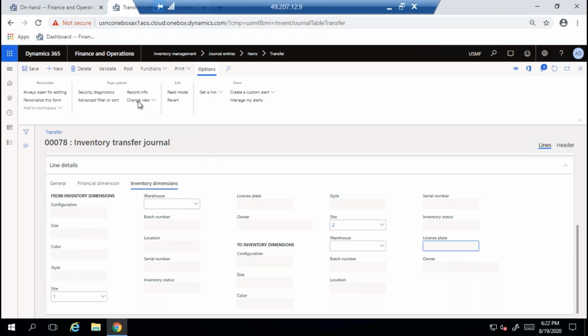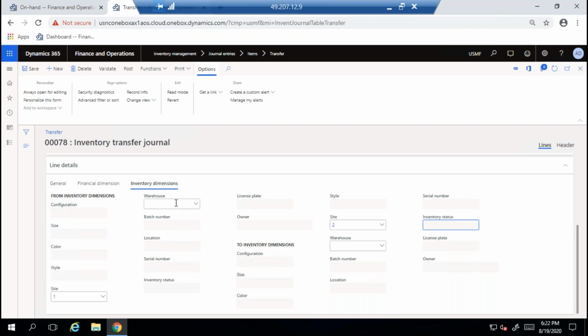If it is 2012, the look and feel will be very easy because it will be side by side. So from location to location, from serial number to serial number, from inventory status to inventory status. Any characteristic of the item can be changed from here to here.